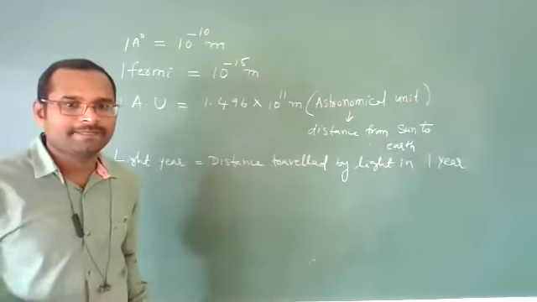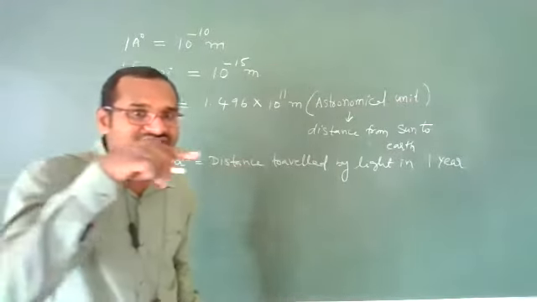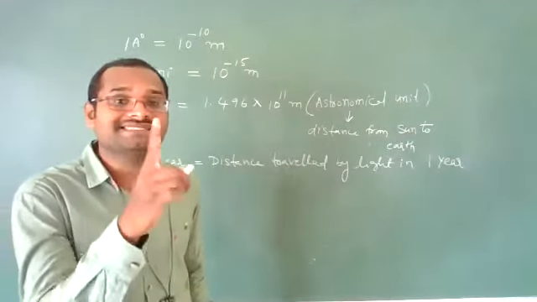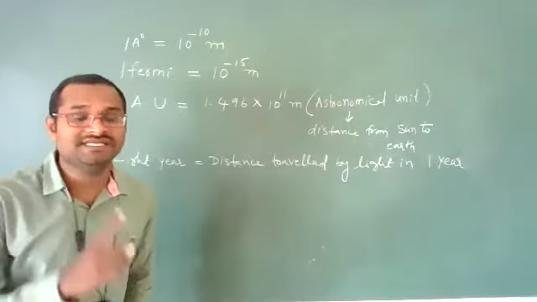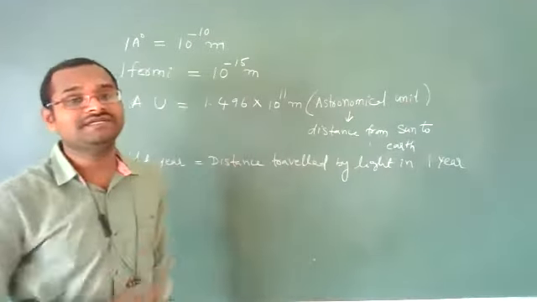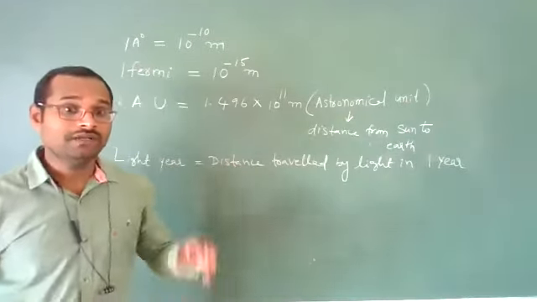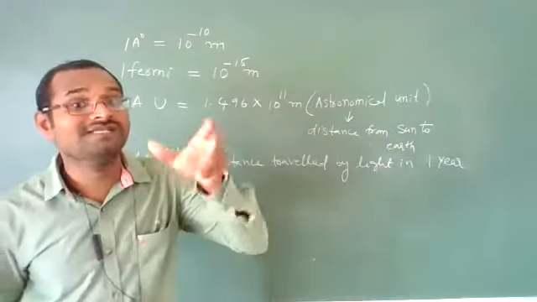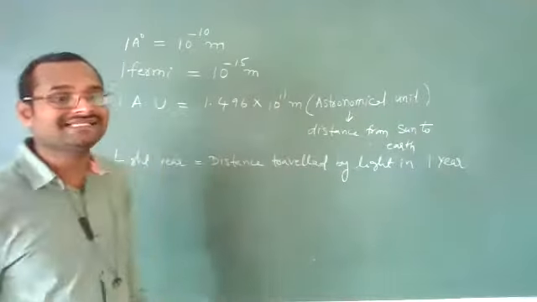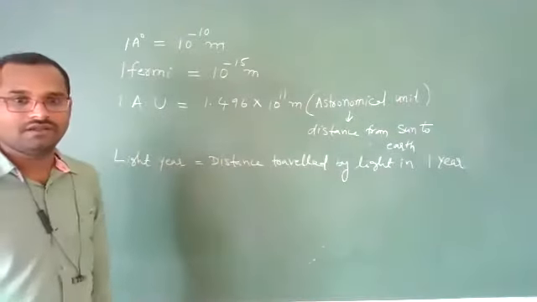Light travels with the speed 3 into 10 to the power of 8 meters per second, which means in 1 second it travels 3 into 10 to the power of 8 meters. Now in 1 year, how much distance will it travel? That total distance is called a light year.